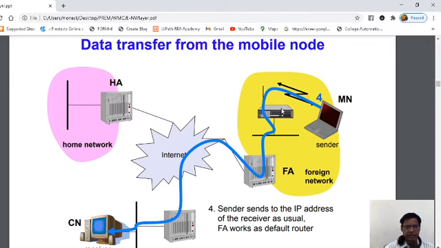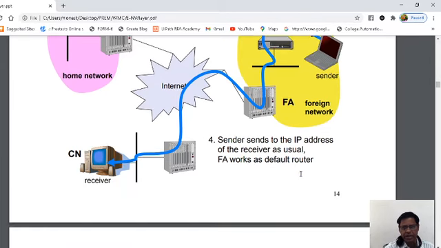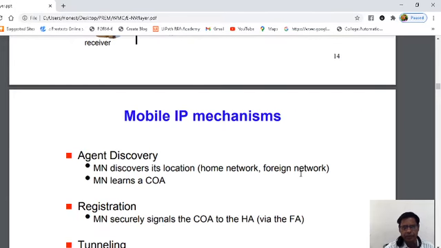The receiver receives the information from the home agent through the internet, and the sender sends the IP address of the receiver as usual. The foreign agent works as the default router.